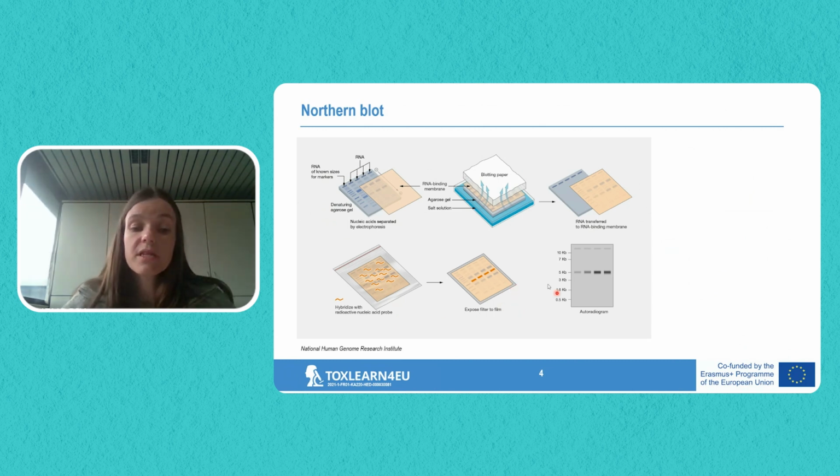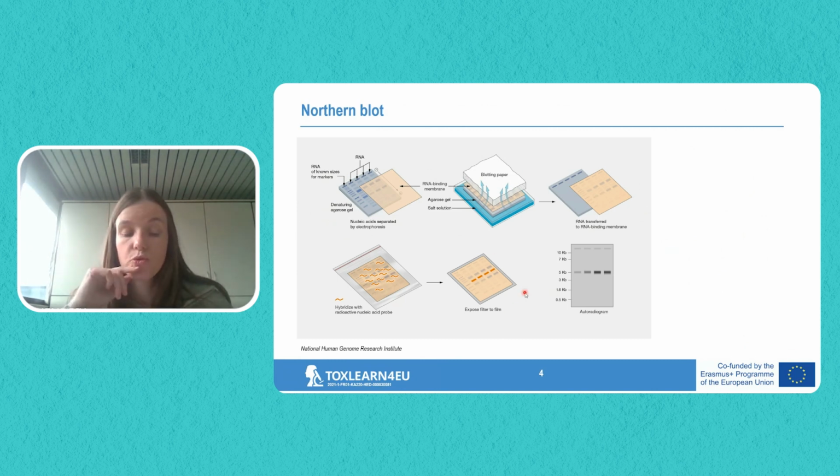And subsequently, this RNA membrane will be washed to remove any non-bound probe. And then the membrane will be exposed to an X-ray film. And this generates what we call an autoradiogram. And in this figure here, you can see what this will look like.